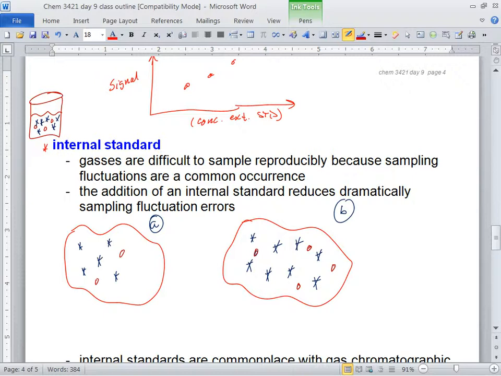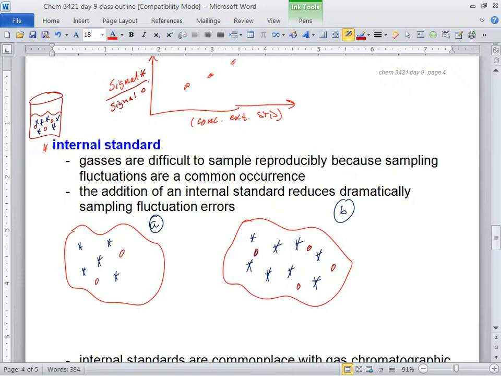So how does this introduction of this internal standard, these O's, solve the problem? What do you have to do to the plot? Don't plot just the signal of this guy. Plot the signal of that divided by the signal of the O's. If you do that, notice how the signal for the stars in A is like 4 to 2.